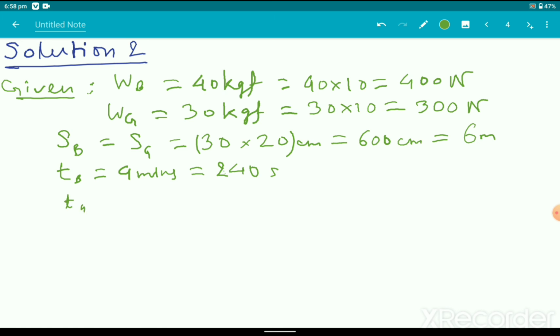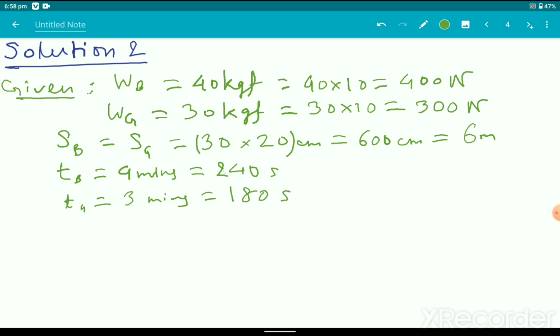And time taken by the girl is 3 minutes, that will be equal to 180 seconds.